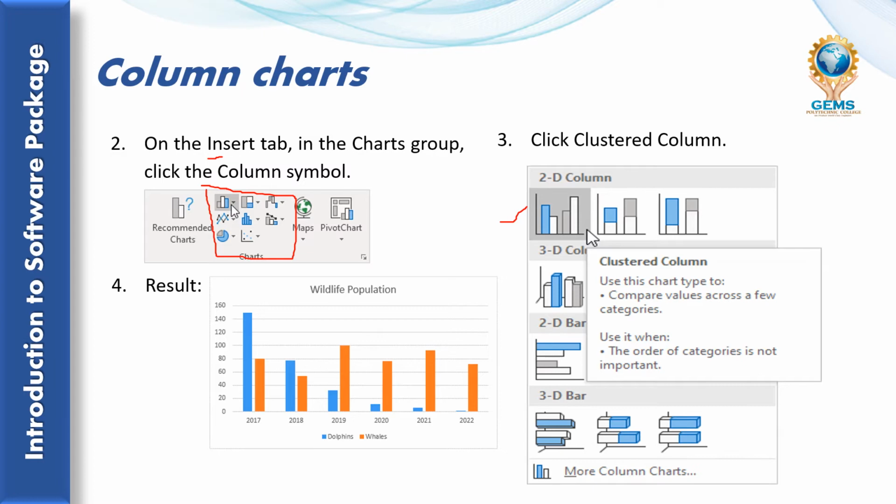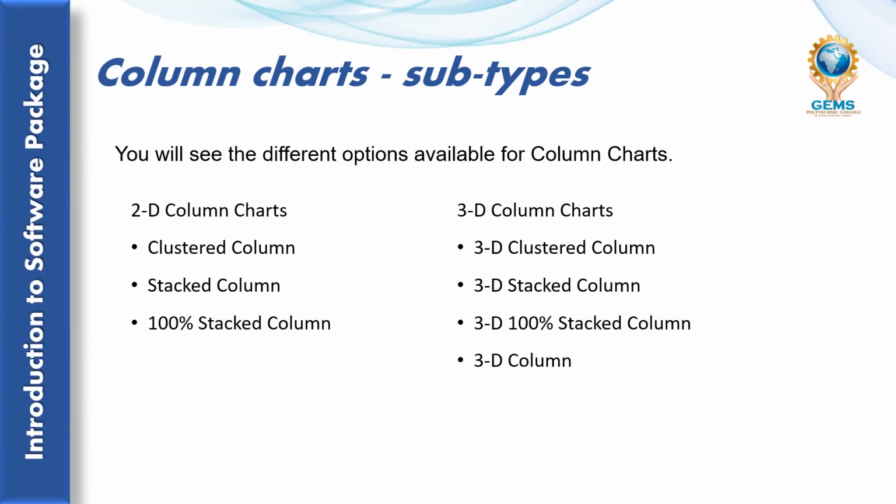What is the use of this column chart type? It compares values across a few categories. There are different types of column charts. In 2D column charts, there are clustered column, stacked column, and 100% stacked column.